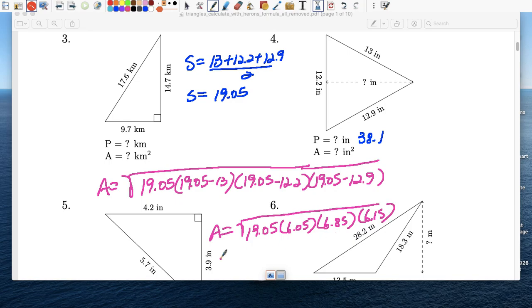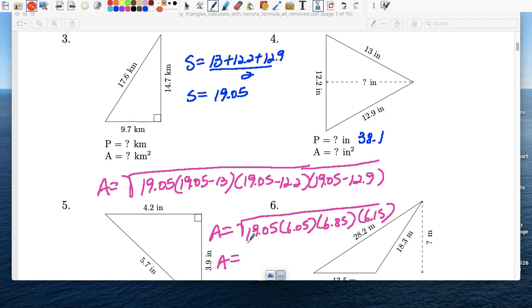Okay, so now we can multiply and take the square root. 19.05 times 6.05 times 6.85 times 6.15. Enter. Did I do something wrong?